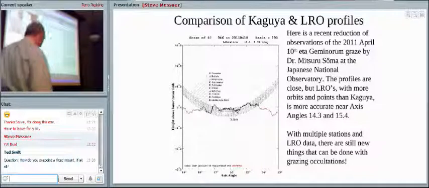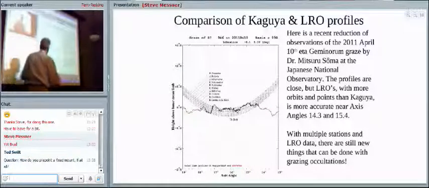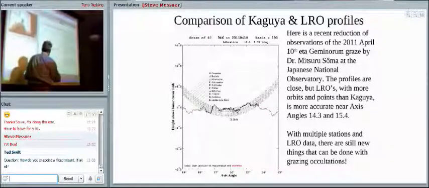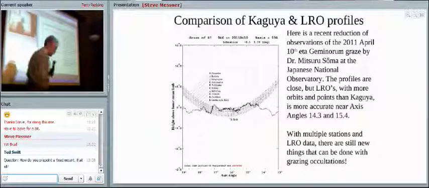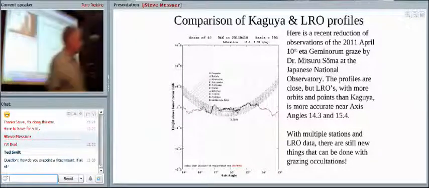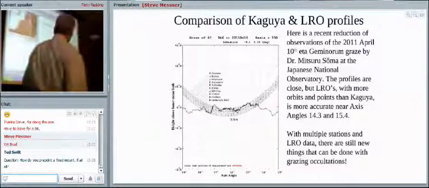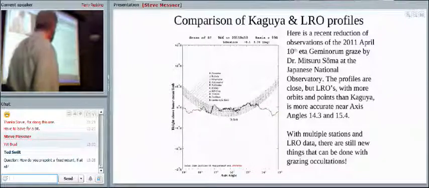The Kaguya profile is extremely accurate. You can see there's just one place here where the Kaguya profile dipped down, but the LRO showed that the observations followed those points. And there's just a couple of places where the LRO is slightly better than Kaguya.